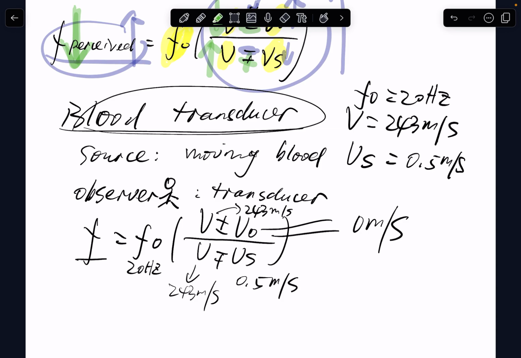And then also we know that to sense the sound, the new frequency, your blood must be traveling towards this transducer so that the transducer can sense, can observe the new frequency. So in this case, we will use this plus and then this minus case, right?